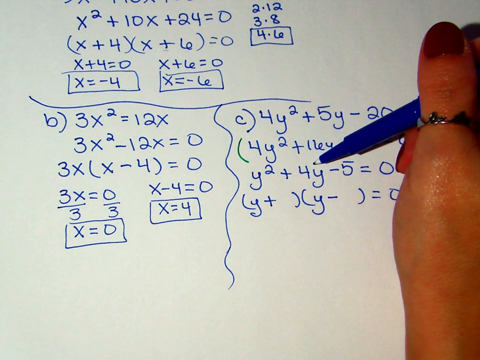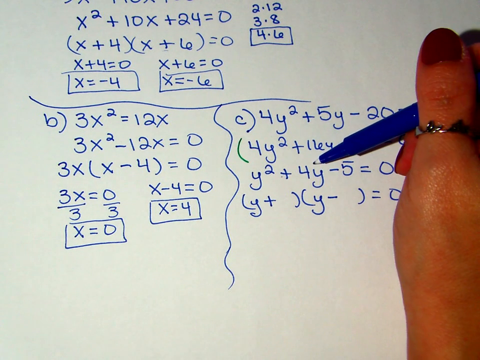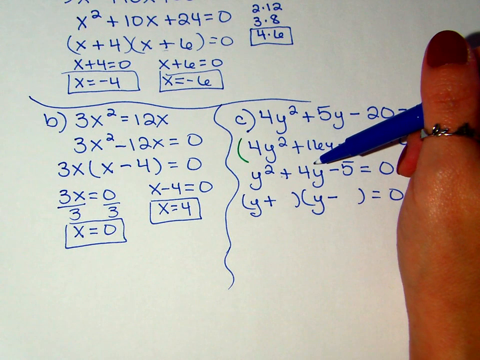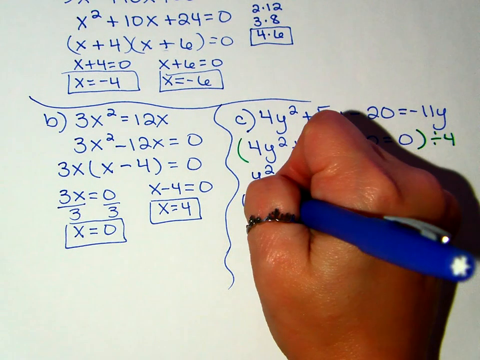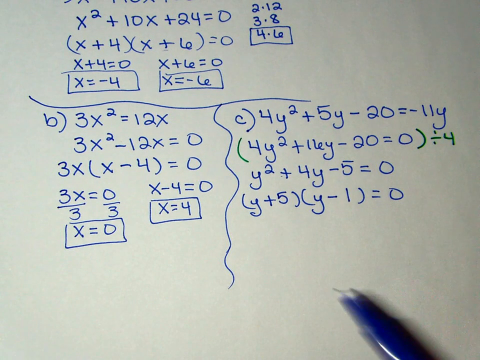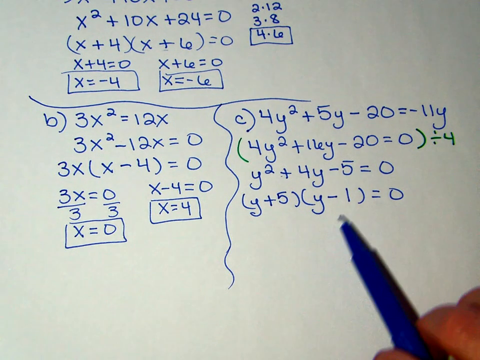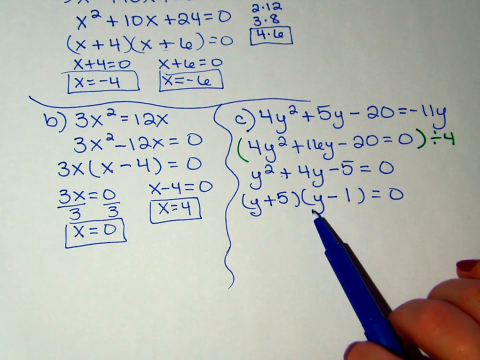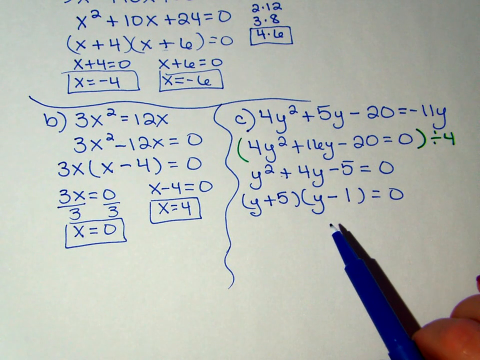It's a plus 4. That means I need to have more positives than negatives, so I'm going to put the 5 with the positive and the 1 with the negative. And again, I can check this using the FOIL method, and if I do my outer, I get a negative y. My inner, I get a positive 5y, which would result in the positive 4y.